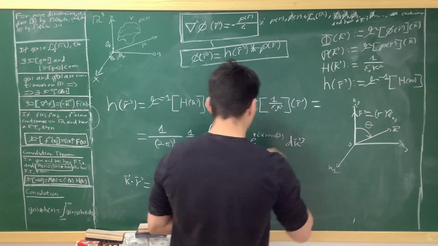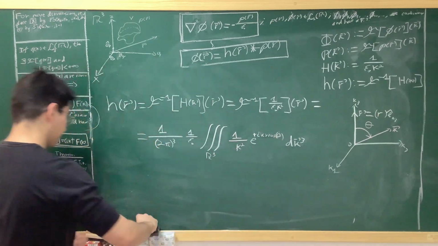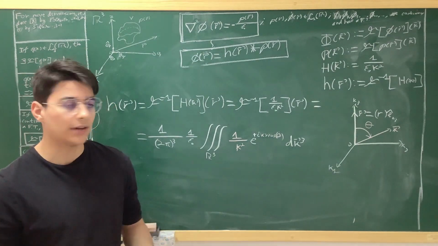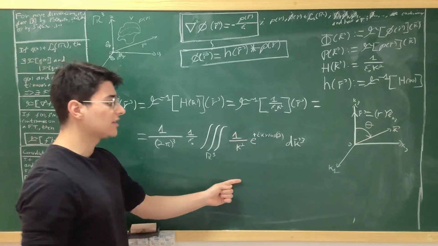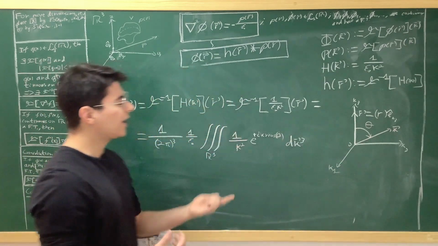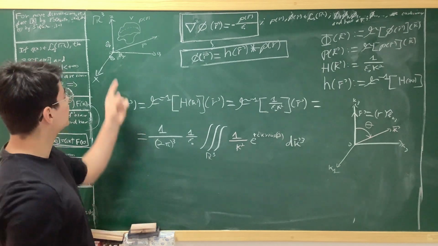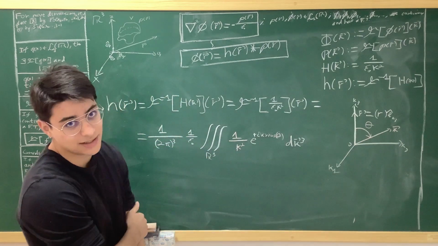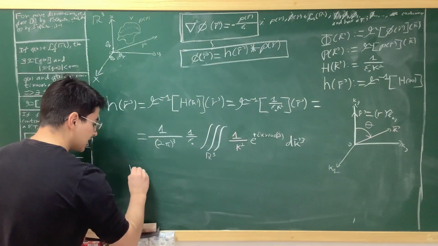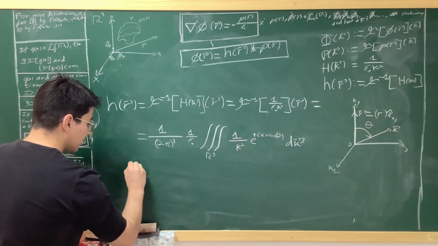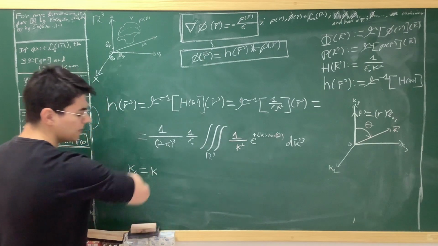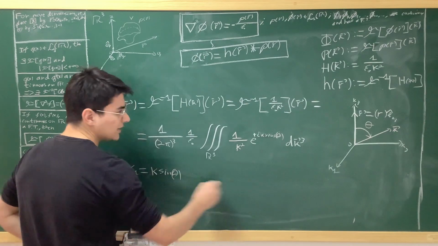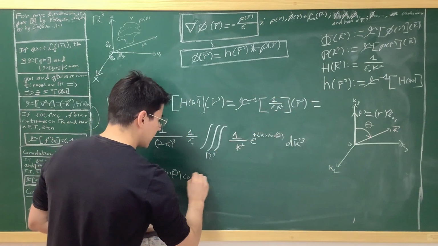dk3. Now, how do we calculate this integral? A really nice approach is to go to spherical coordinates, of course, on this new set of axes. And what are spherical coordinates in this axis? They're the same as in a regular axis, but changing x by k1, y by k2, and z by k3. So in this axis, k1 is just the modulus of the vector k times the sine of theta, where theta is this angle, and the cosine of phi.